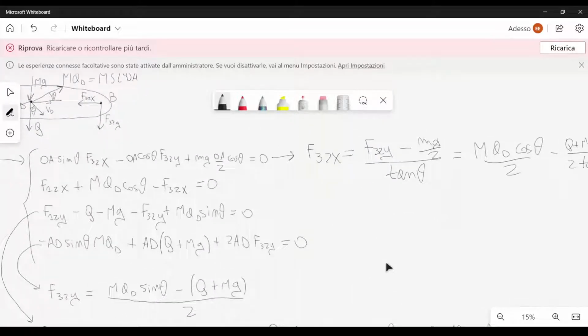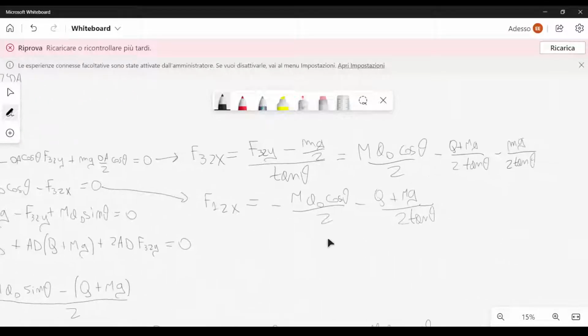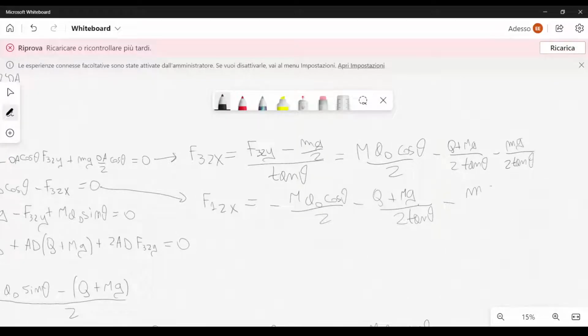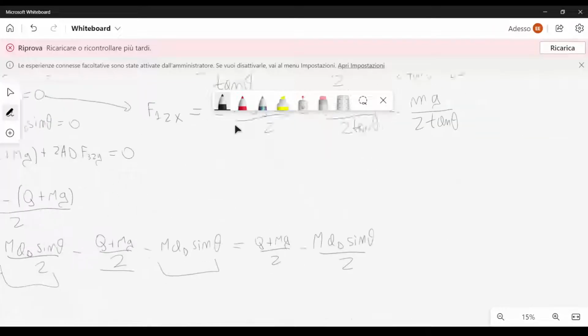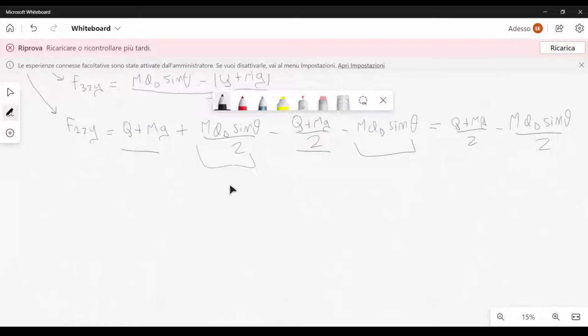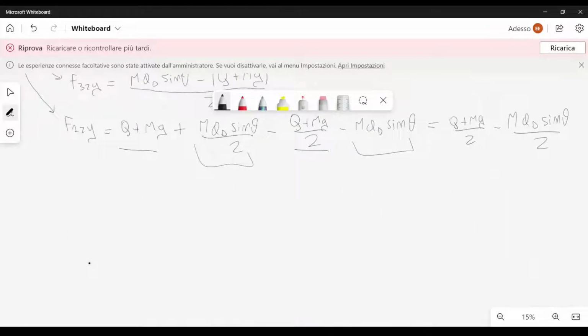And finally, from here, we can obtain f12x, which is equal to minus mad cosine theta over 2 minus Q plus mg over 2 tangent theta. And then we also have minus mg over 2 tangent theta. Finally, after we find all these expressions, we can consider the free body diagram for the first crank.